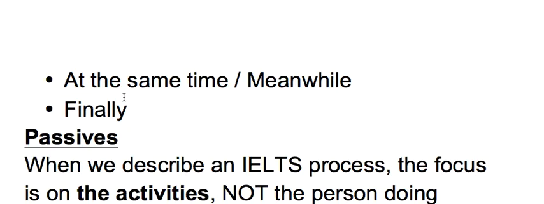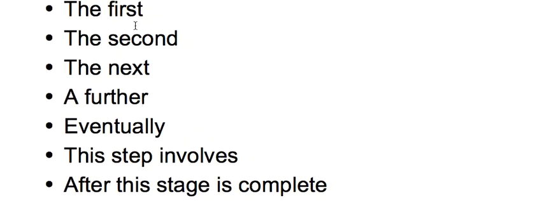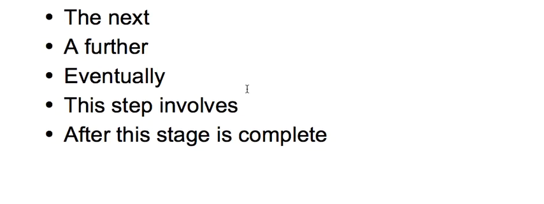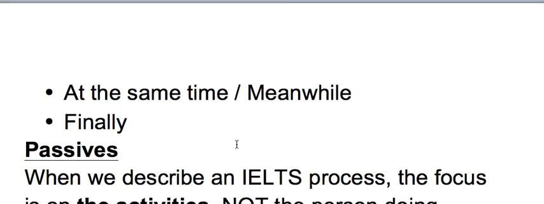And for the last step you can use the word finally. So the first step involves this, the second step involves this, or in the first step this happens, in the second step this happens, and eventually this happens, and after this stage is complete, then this happens. So, like that, you can use this language of sequencing.